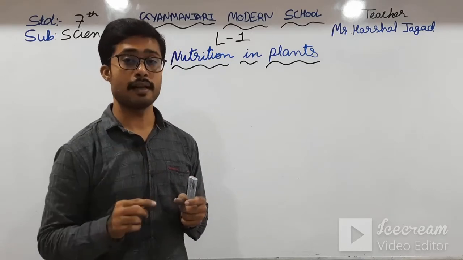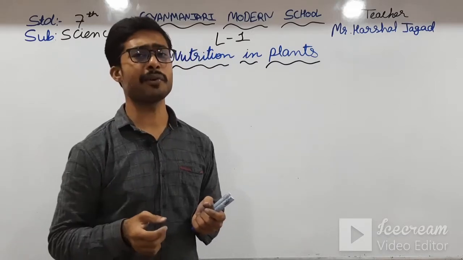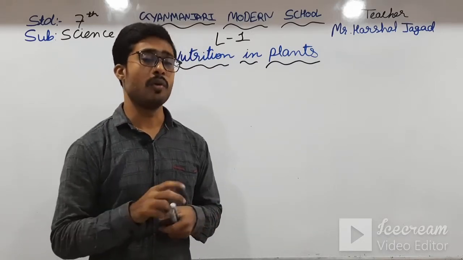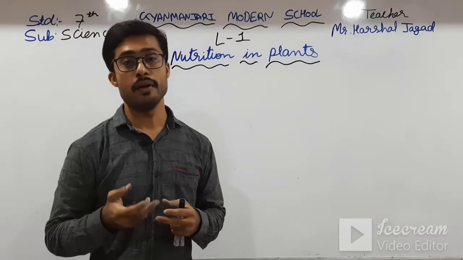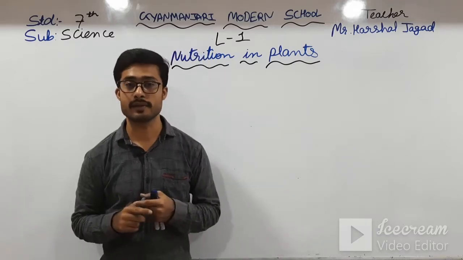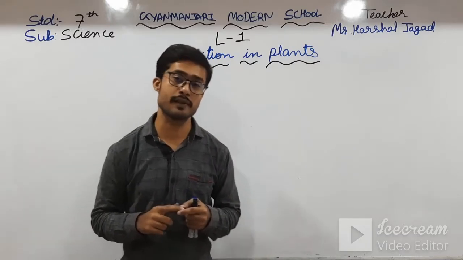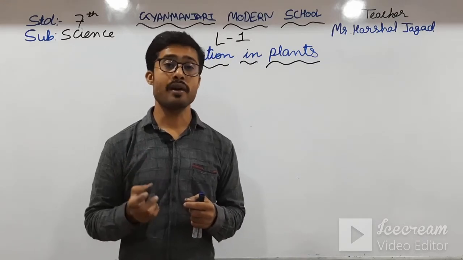Auto means self, and nutrition is nutrition. So how do they make their own food? There is a process called photosynthesis. By the photosynthesis process they make their food on their own.